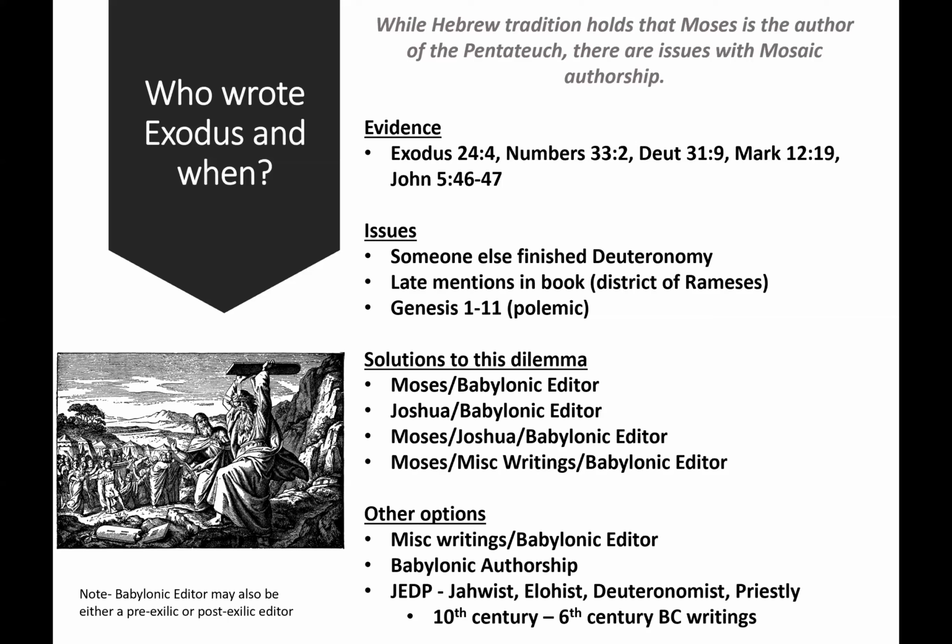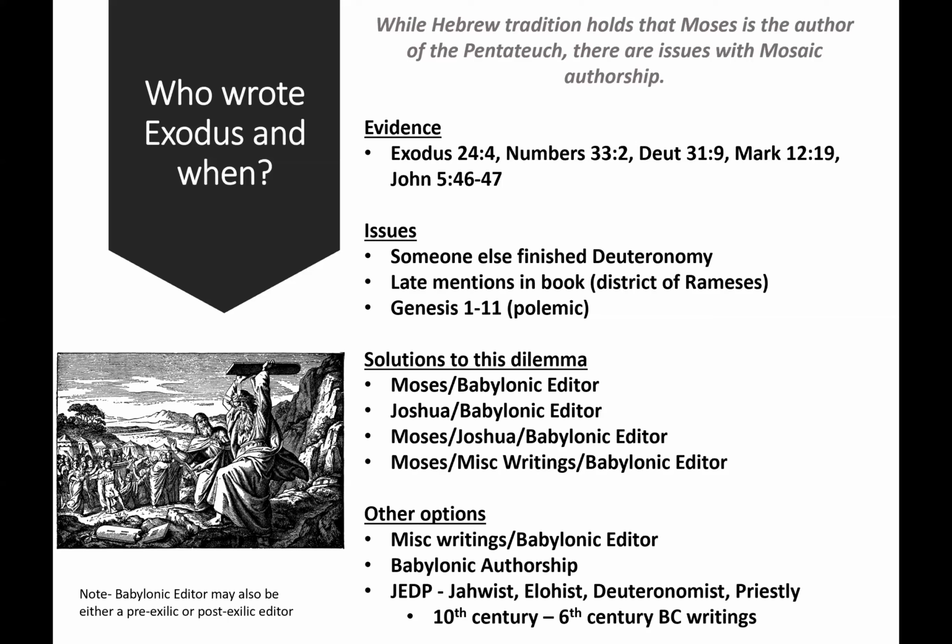And Joshua would actually be a good fit for the person who is recording Moses' death. And so you could put Joshua with a Babylonian editor also. You could have all three. You could have Moses and Joshua and a Babylonian editor in play here. And personally, I think that probably makes the most sense.